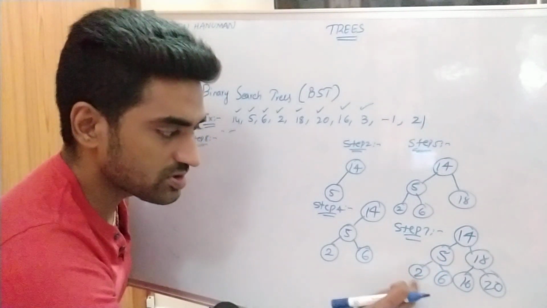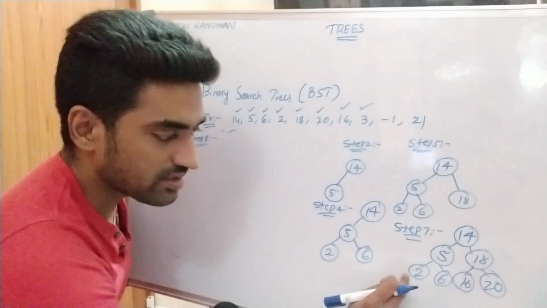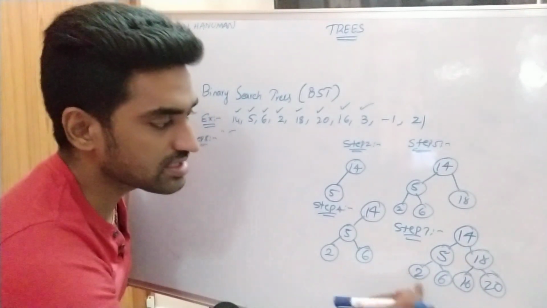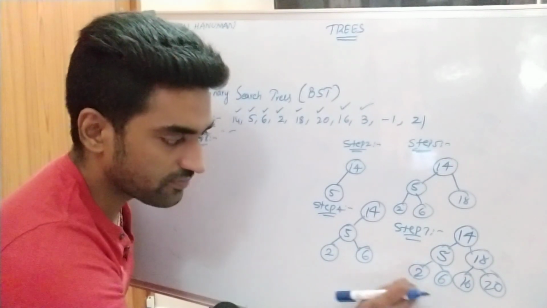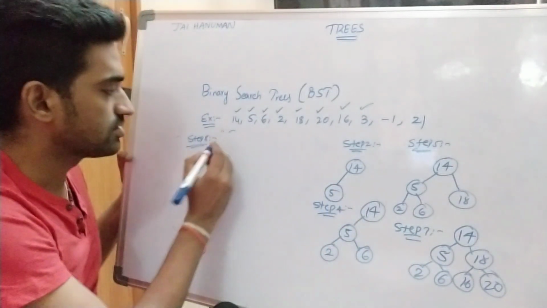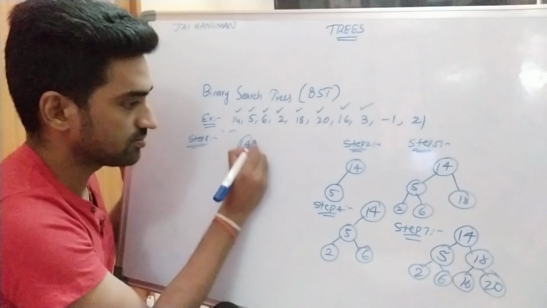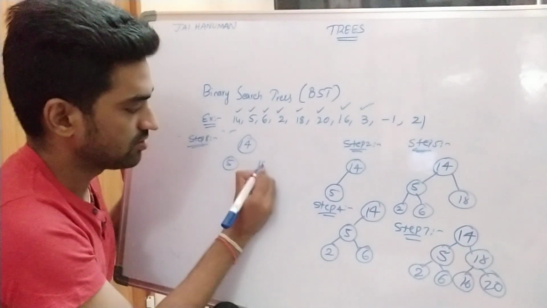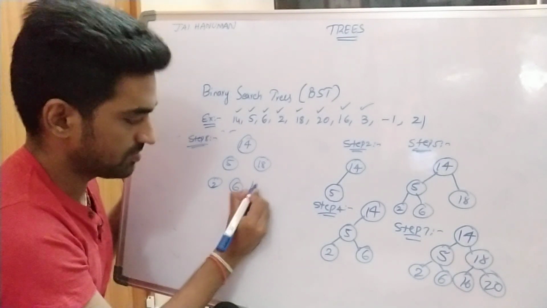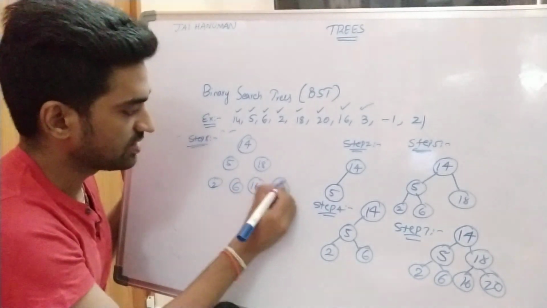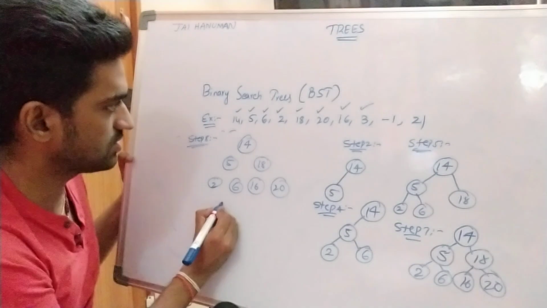Again at the leftmost position, one more element is there. When compared to that element, that is greater, so we insert at the rightmost position of the node 2. Right? So now the tree becomes 14, 5, 18, 2, 6, 16, 20, 3.